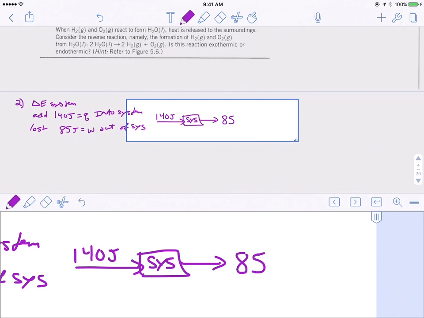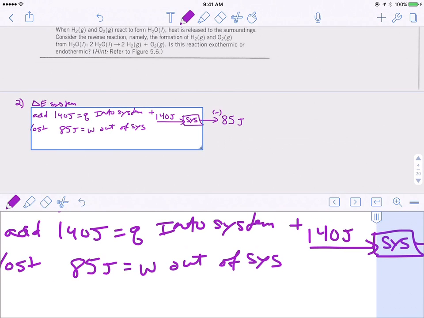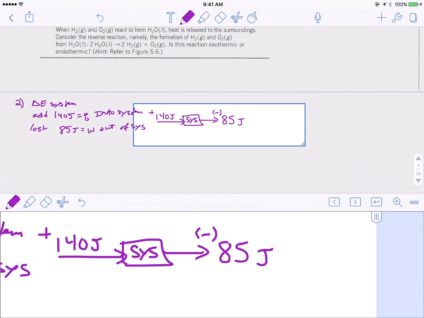Now, because it's coming out of the system, we're going to give that a negative sign, directional. This is going in, it's going to be positive. So I know in the question it says that it's positive 85 joules. Well, that's just a number. Now we're going to use our equation with a direction.